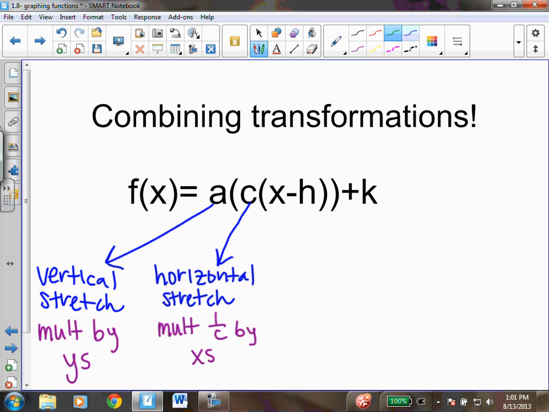The last two numbers represent the shifts. Inside of the function is a horizontal shift, or left and right. Remember, you always go opposite of the sign.